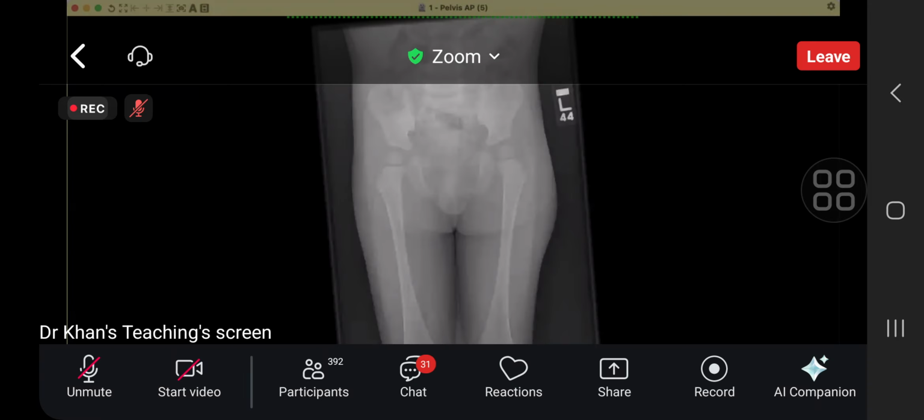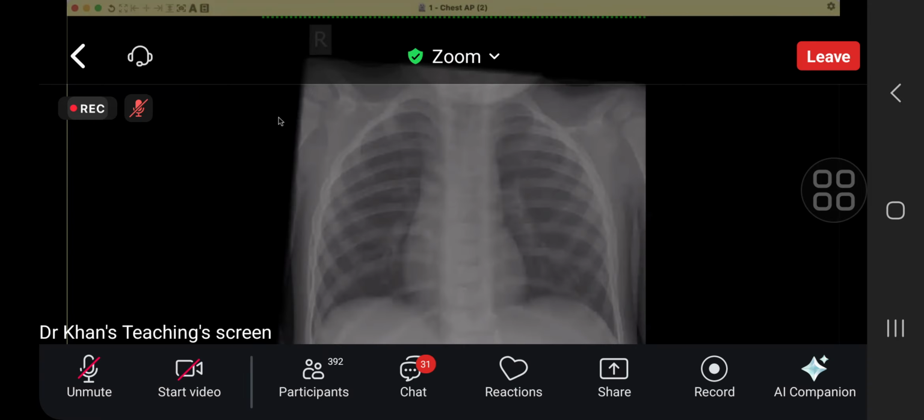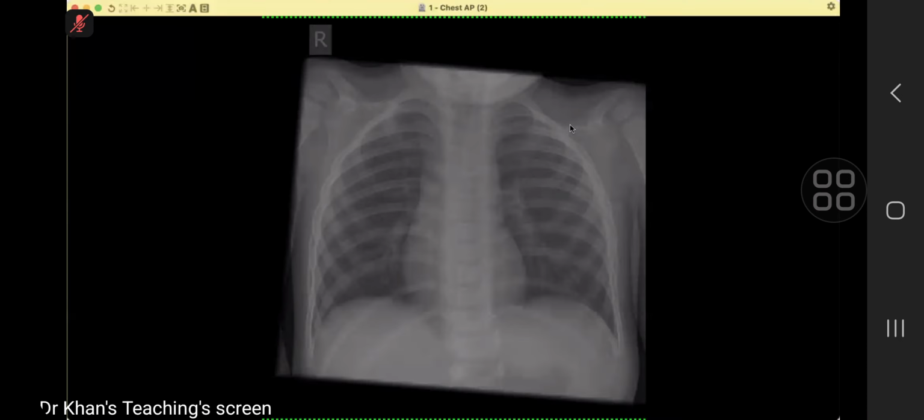Now let's go back to our case. This was very well picked up, that both of the clavicles are missing.